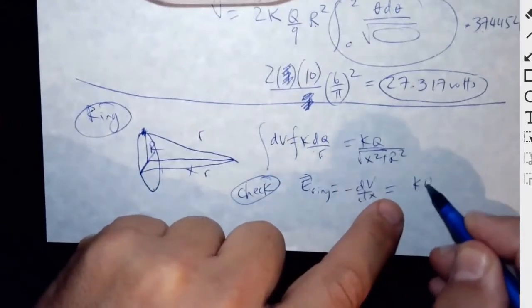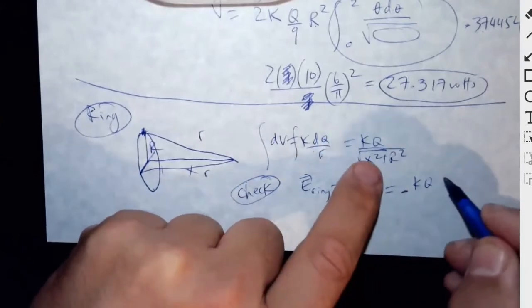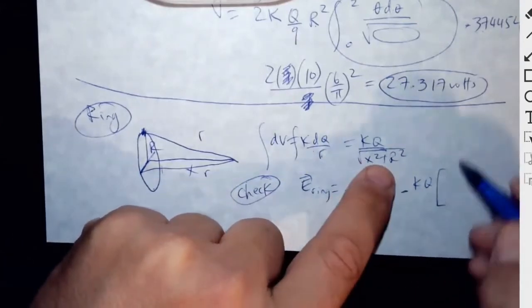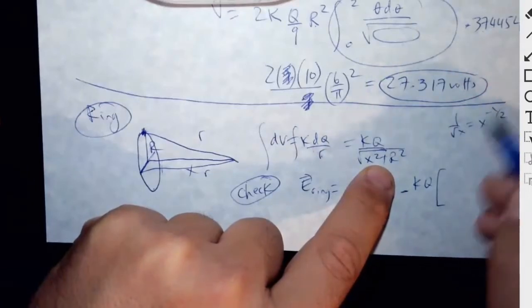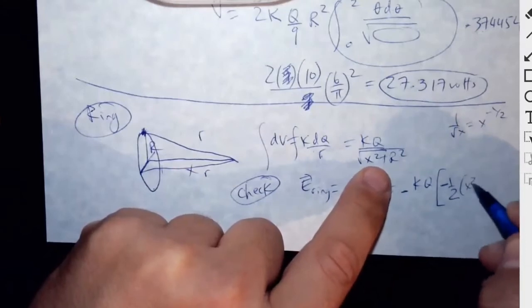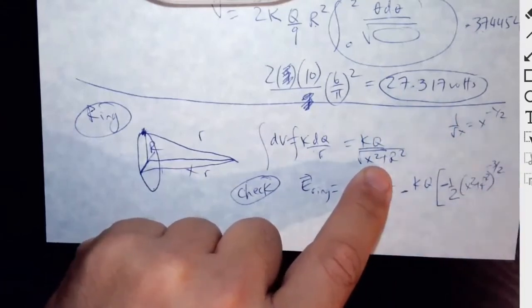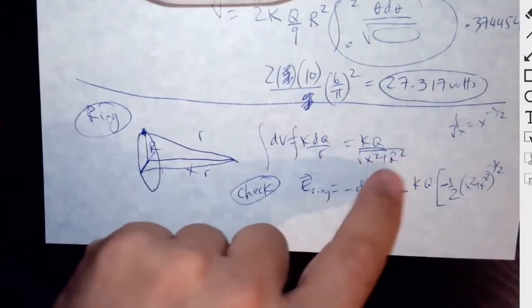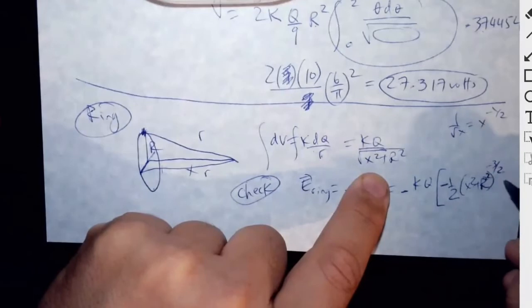The KQ, it should be negative. This could be written as x squared plus R squared to the minus half. So the negative half comes down, then you have x squared plus R squared to the negative 3 halves, times the derivative of the inside, which is 2x.